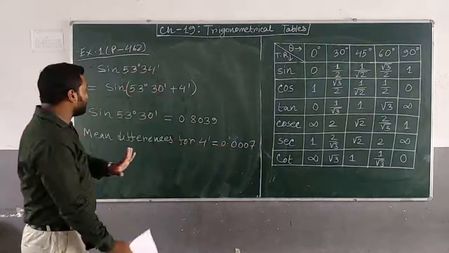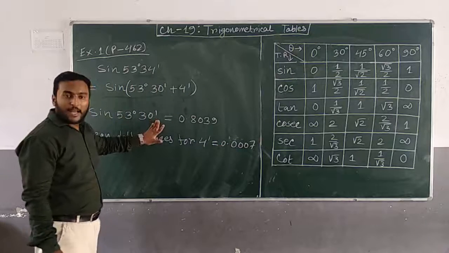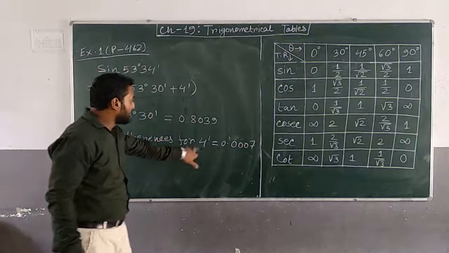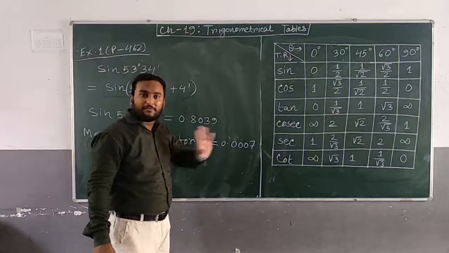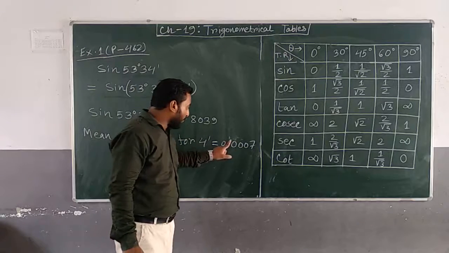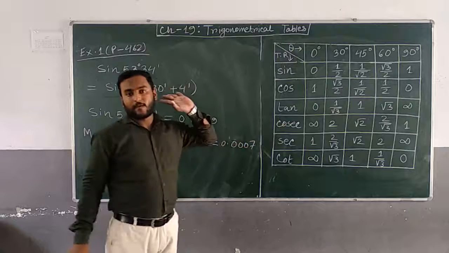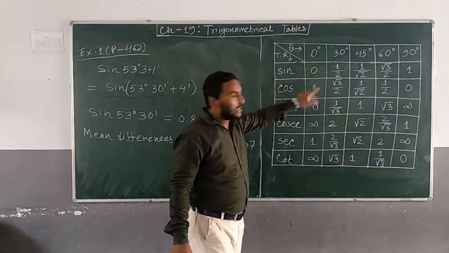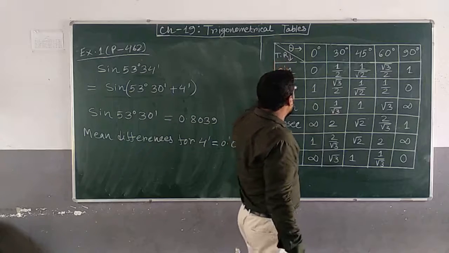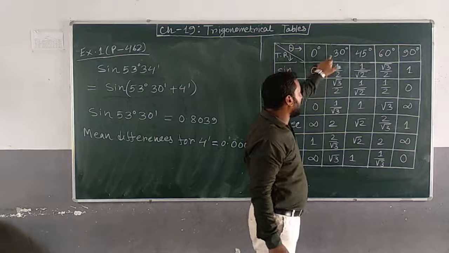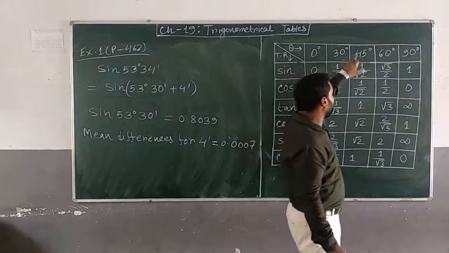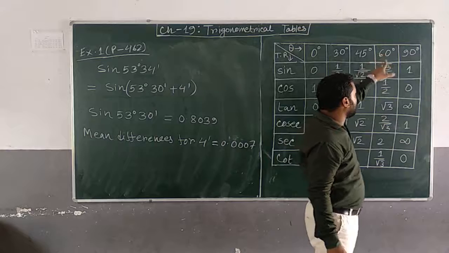Okay, now 53 degree 30 minutes is calculated, and for 4 minutes the value is 0.0007. Now come to this table. See this, for sine at 0 degree, that is 0, 30 degree 1 upon 2, 45 degree 1 upon root 2, 60 degree 1.